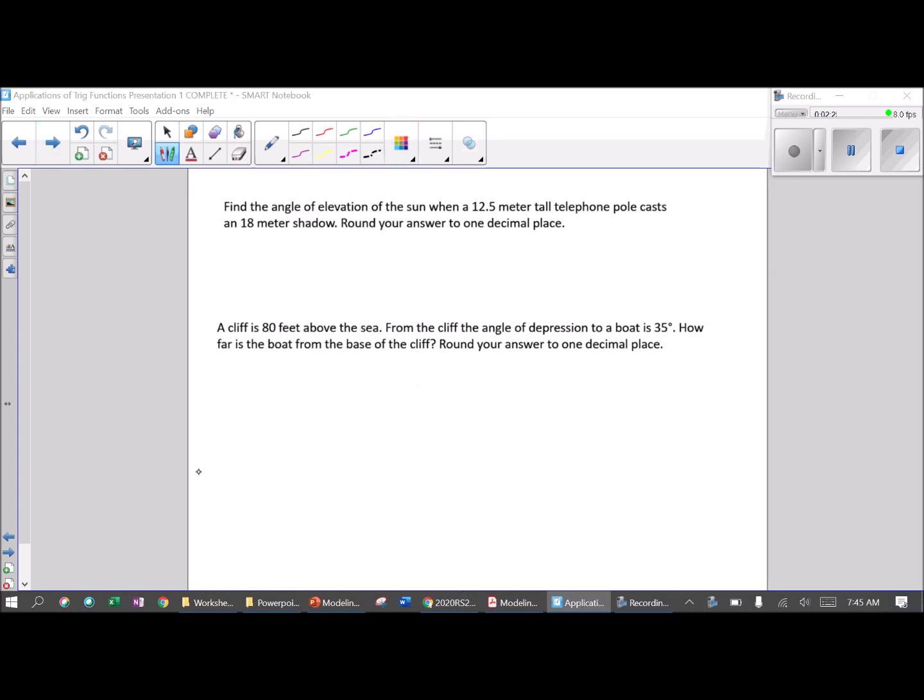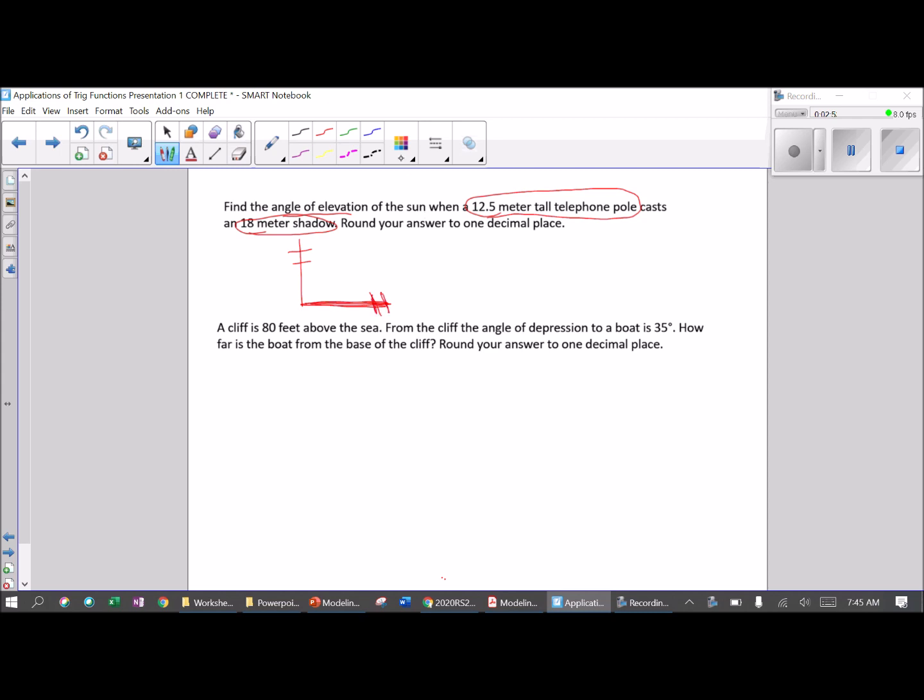Okay, find the angle of elevation of the sun when a 12-meter tall telephone pole casts an 18-meter shadow, rounded to one decimal place. Okay, got to start with the picture. So here's my telephone pole, and then it casts its shadow onto the ground.